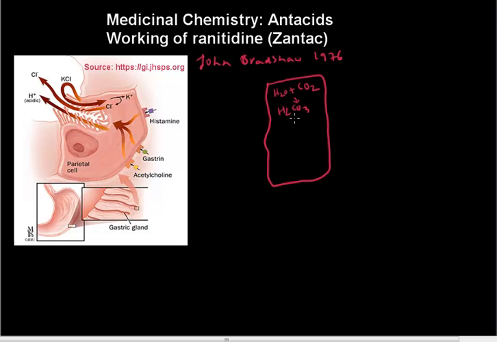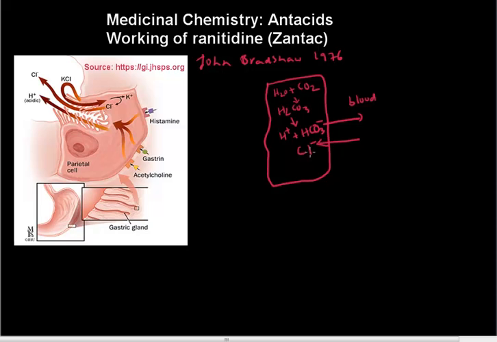Carbonic acid, being a weak acid, is unstable, so it dissociates, breaks down to hydrogen ion and bicarbonate ions. And these bicarbonate ions simply diffuse into the bloodstream, and in exchange there is a Cl- ion entering the parietal cell.